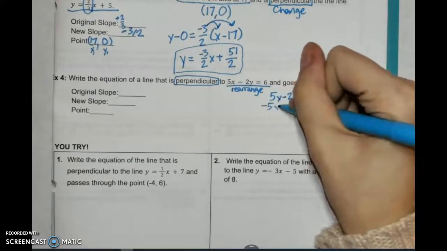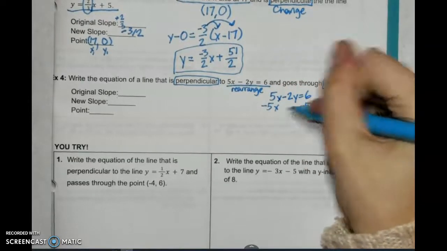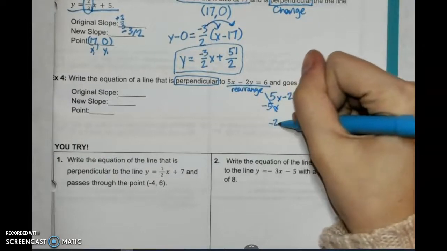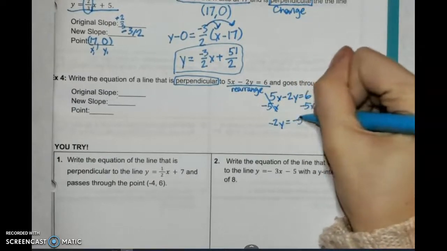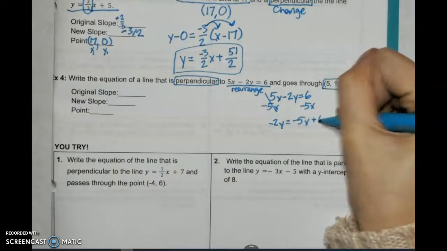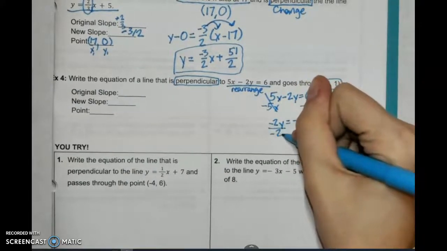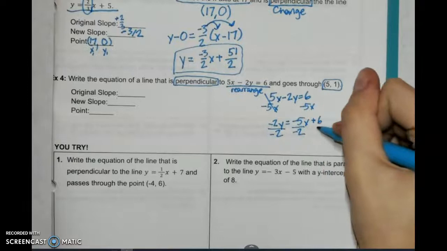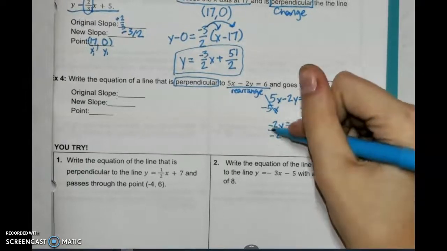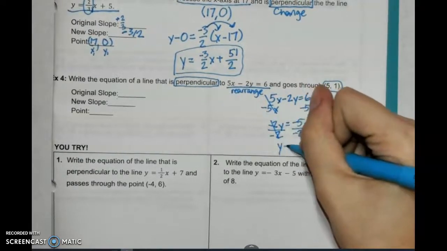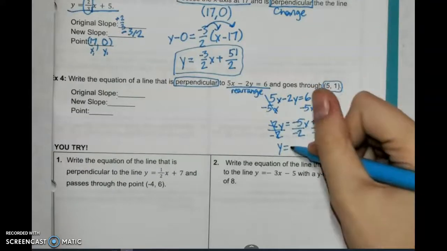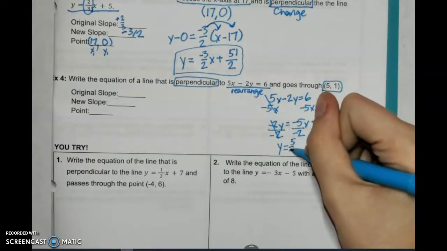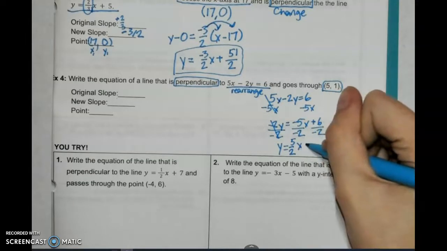We subtract 5x from both sides. Get negative 2y equals negative 5x plus 6. And divide both sides by negative 2. Let's cancel out to get y equals, negative times a negative is a positive, but we cannot simplify 5 over 2.